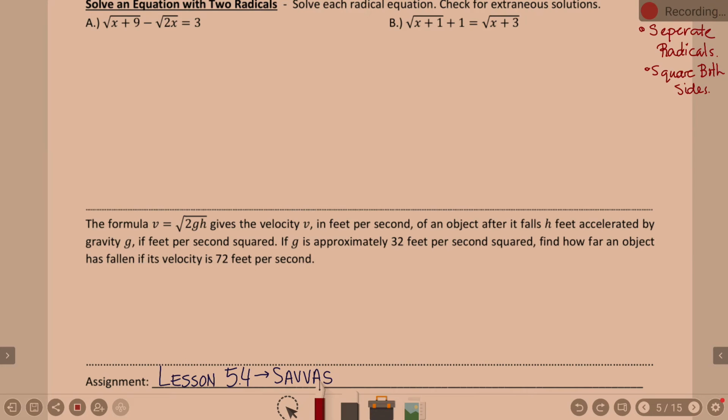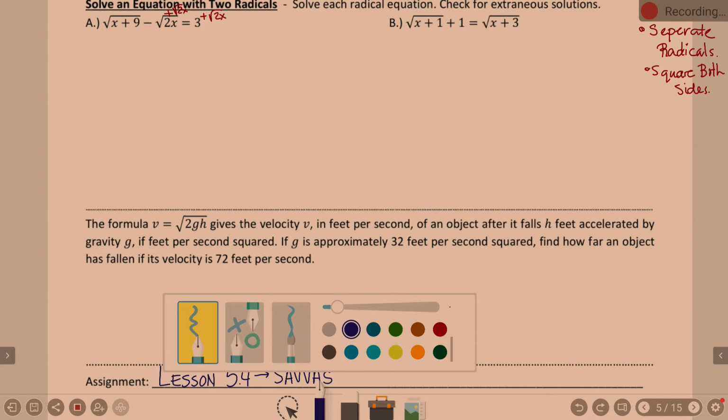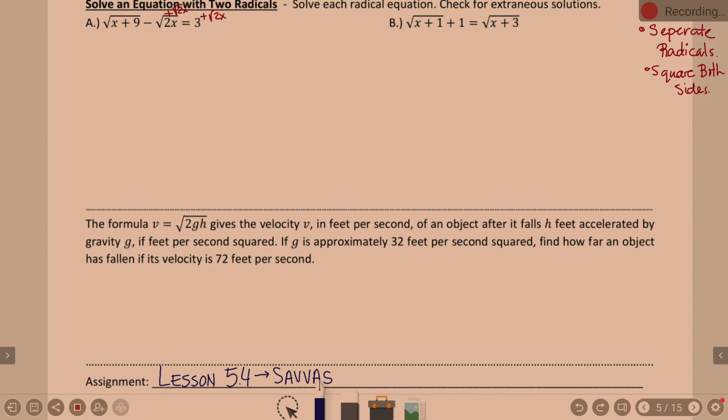The opposite of subtracting square root of 2x, we're going to add. So I'm going to add square root of 2x over to the other side. What remains on the left? Square root of x plus 9. On the right, 3 plus square root of 2x is 3 plus square root of 2x.